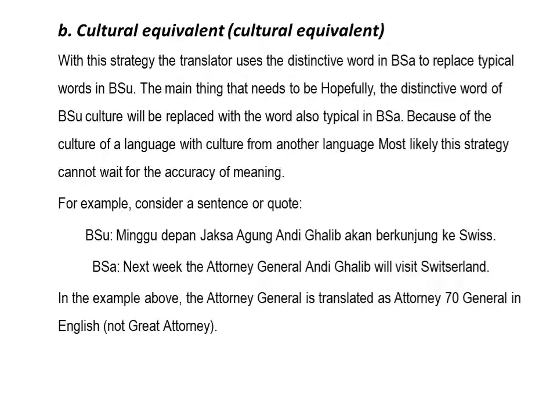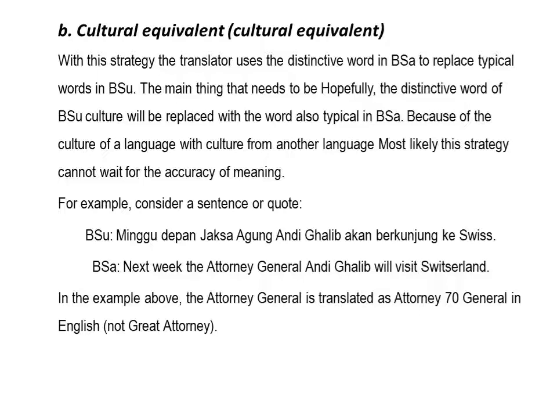B. Cultural equivalent. With this strategy, the translator uses a distinctive word in the target language to reflect a typical word in the source language. The main thing to note is that the distinctive word of one culture will be reflected with a word that is also typical, because cultures differ between languages, so this strategy cannot be expected to give accuracy of meaning.